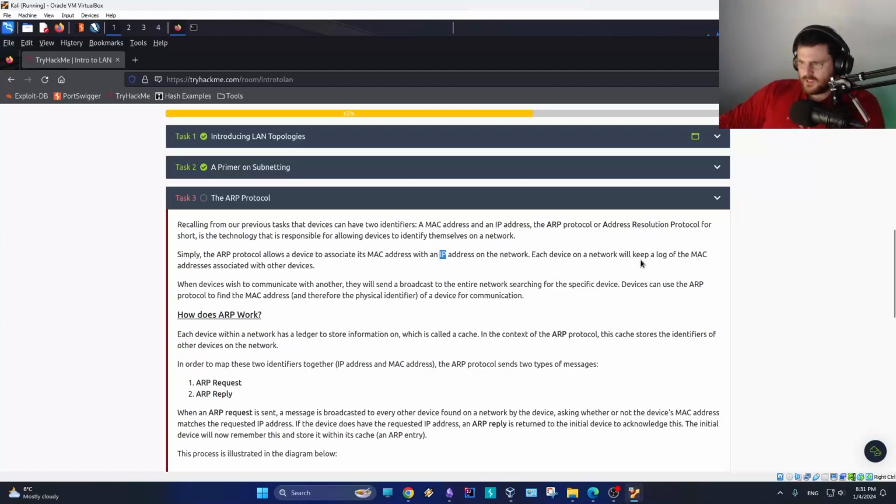Each device on the network will keep a log of the MAC address associated with the other device. When devices wish to communicate with another, they will send a broadcast to the entire network searching for the specific device. Devices can use the ARP protocol to find the MAC address and therefore the physical identifier of a device for communication.